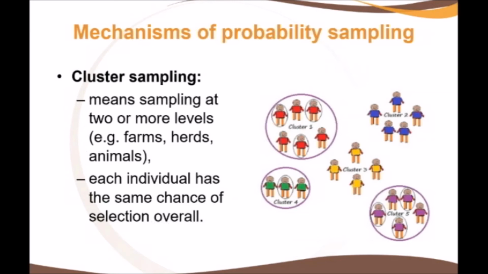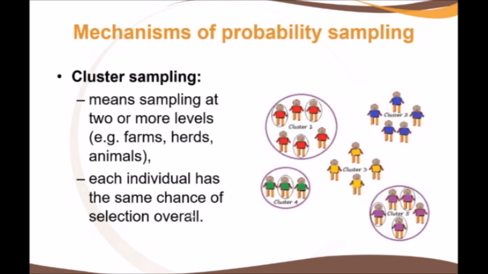When we move to stratified sampling, it's a little bit different. You also sample at different levels, but the approach is a bit different from cluster. With the cluster sampling, you just sample the clusters and then you study everybody within the cluster. So in a way, it also gives each individual the same chance of being selected.